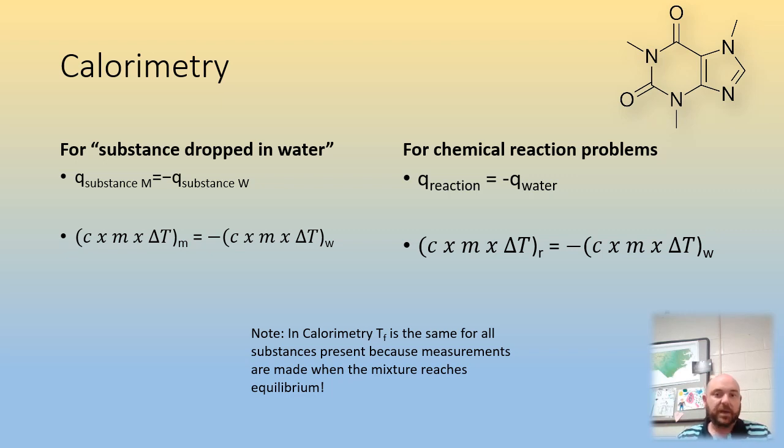Also, you can have reactions that require energy to be put in, and that energy had to come from the water, so it would be the amount of energy lost by the water. So again, calorimetry is predicated on the principle that once equilibrium is reached, the amount of energy lost by one material is equal to the amount of energy gained by the other material, indicated by them having opposite signs.